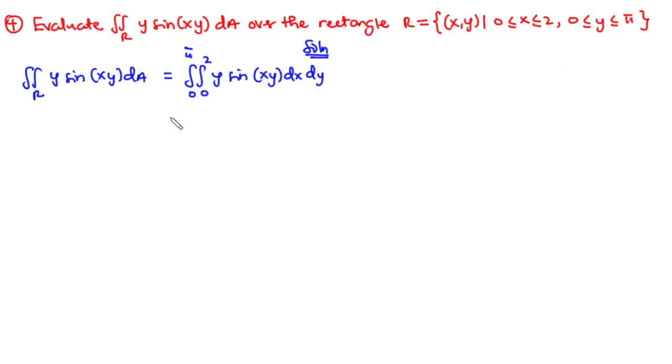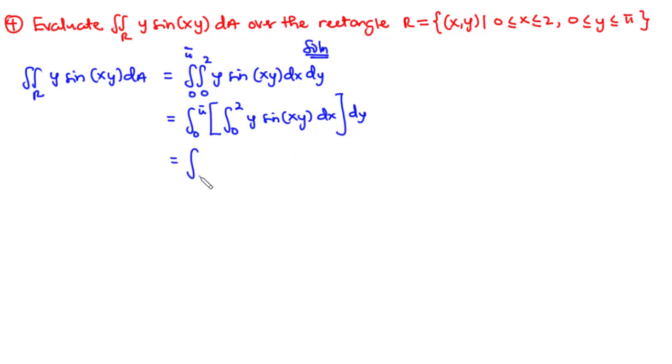Now we further express this as the integral from 0 to pi on the outside, inside of the brackets, integral from 0 to 2 of y sine xy dx, and then on the outside times dy.